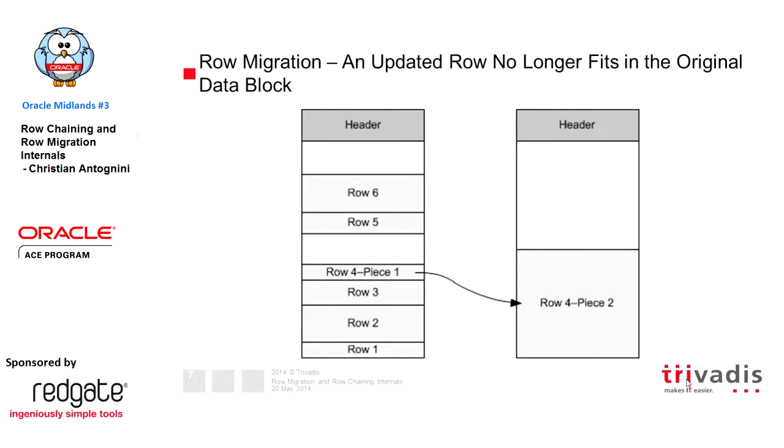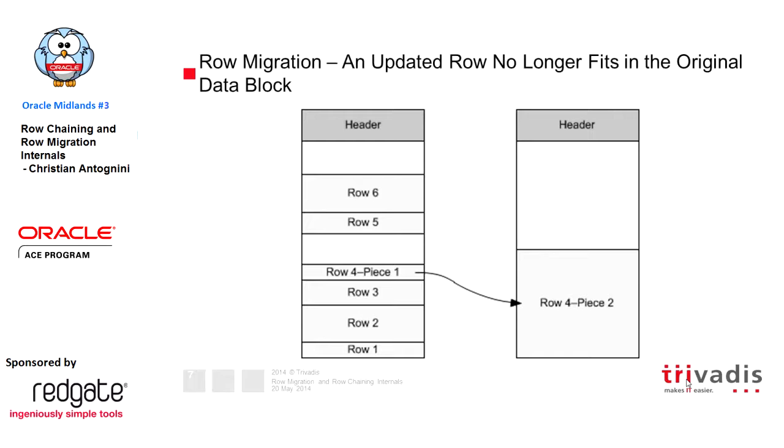Okay. Now let's start by talking about row migration. Row migration happens when you update a row and the new row is bigger and it doesn't fit in the block where it is stored. So what you usually have, for example here, is row 4 using this part of the block.